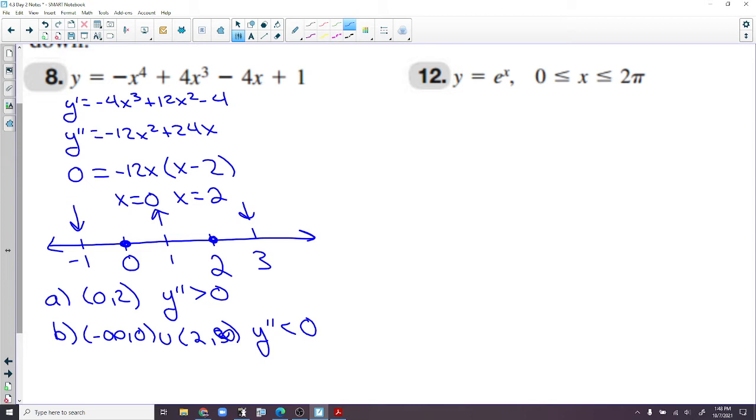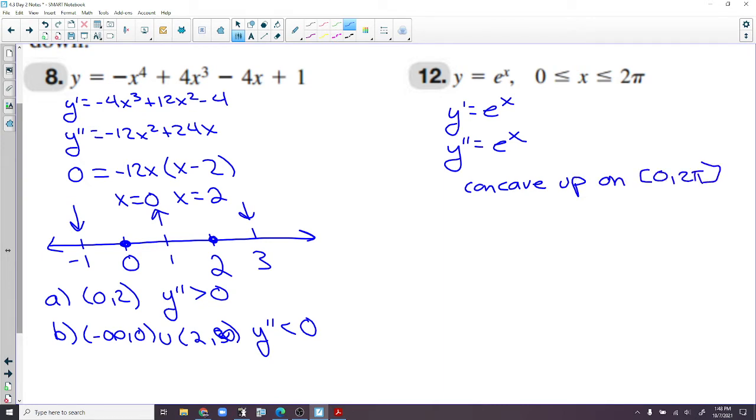Number 12, very simple. But I'll make it a little longer than I should. Second derivative is e to the x. They're all e to the x, right? So if we plug anything into e to the x, is it going to be positive or negative? Positive, right? So concave up on 0 to 2 pi.